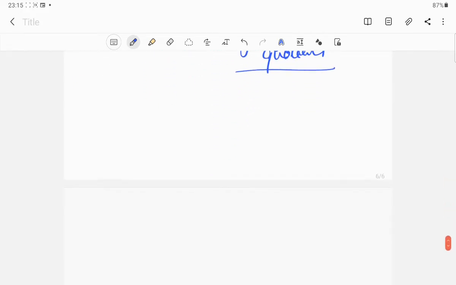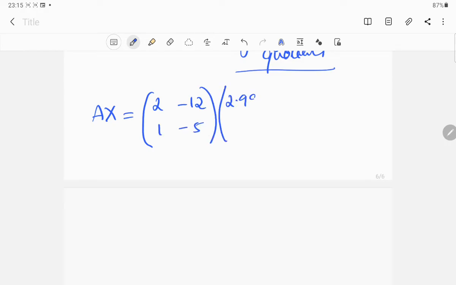First of all we will find out Ax. A is 2, minus 12, 1, minus 5, and x this time is nothing but 2.99, 1.00. If you do that it will be equal to minus 6.02, minus 2.01.